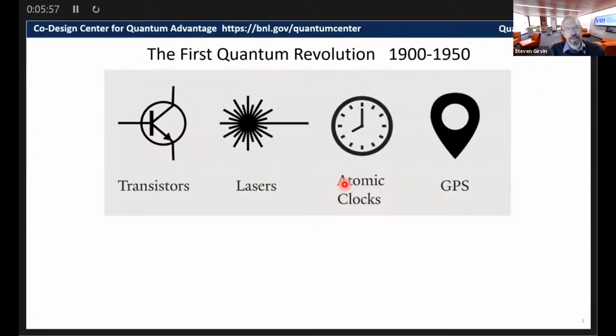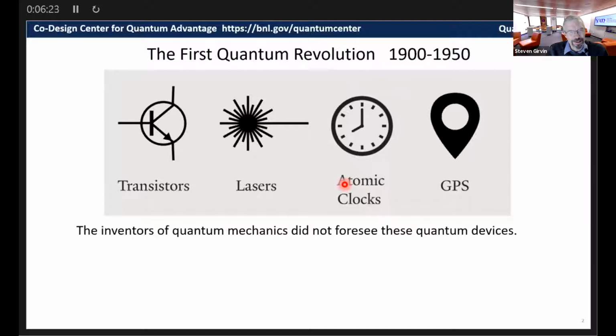And there we go. So we're actually in a second quantum revolution. The first quantum revolution began more than 100 years ago and brought us the technology of the transistor, the laser, and the atomic clock. And those in turn brought us the technological revolution of the 20th century.